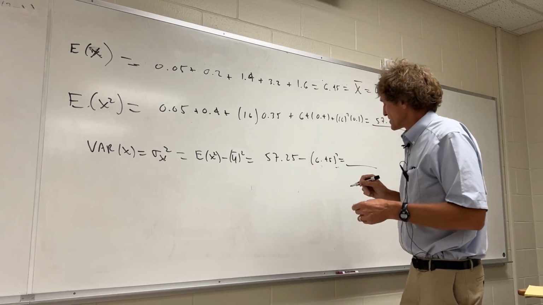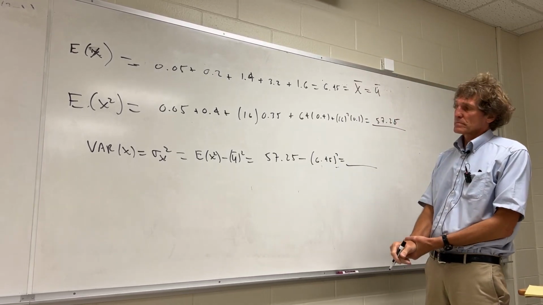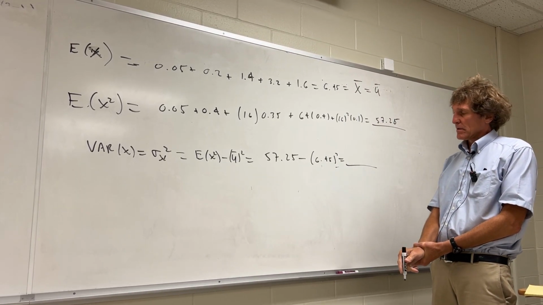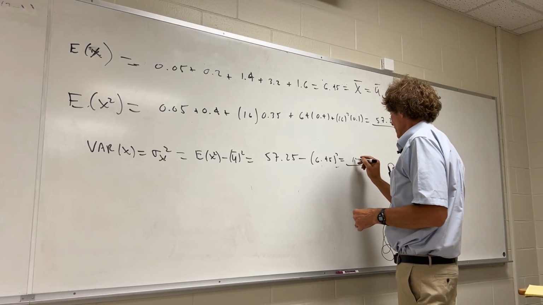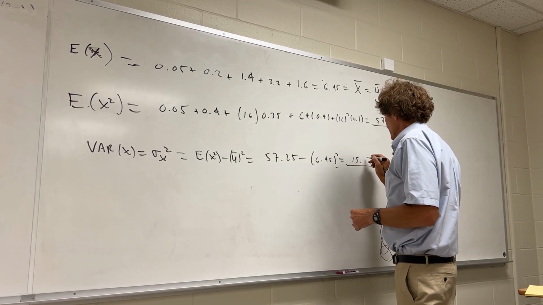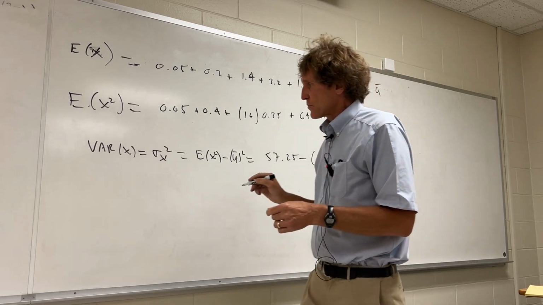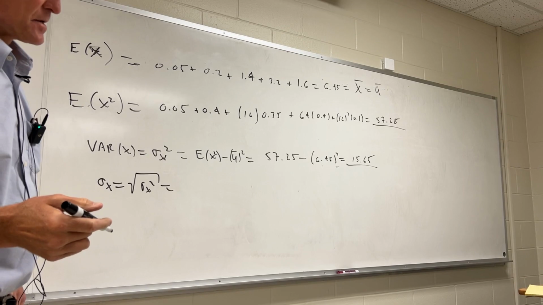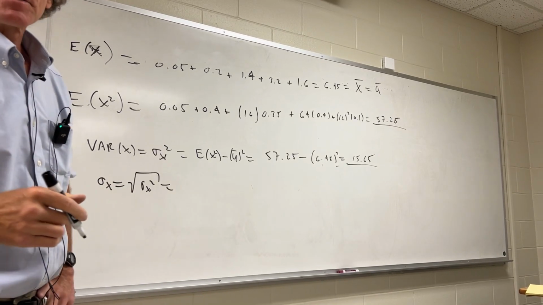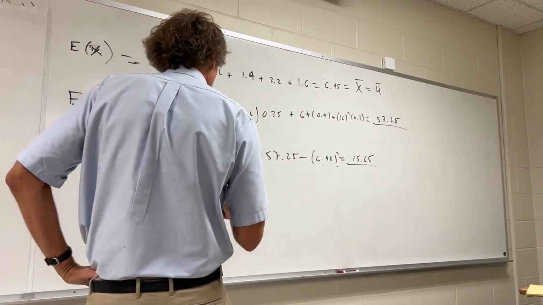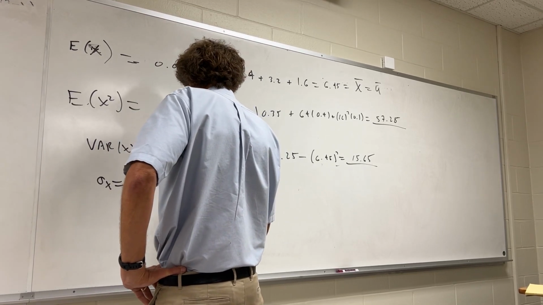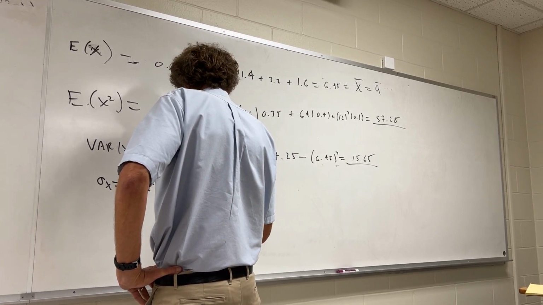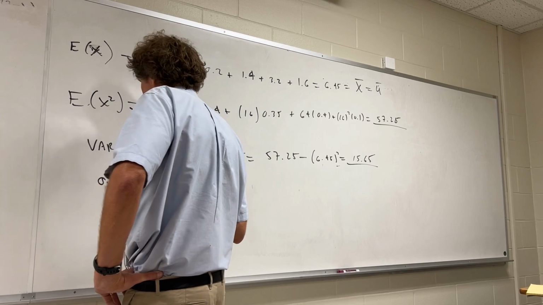Can you tell me what that is? 15.6, right? 0.65? All right, take the square root of that to get sigma x, the standard deviation. It's about just under 4, isn't it? 3.996 approximately, okay. So that would be that.